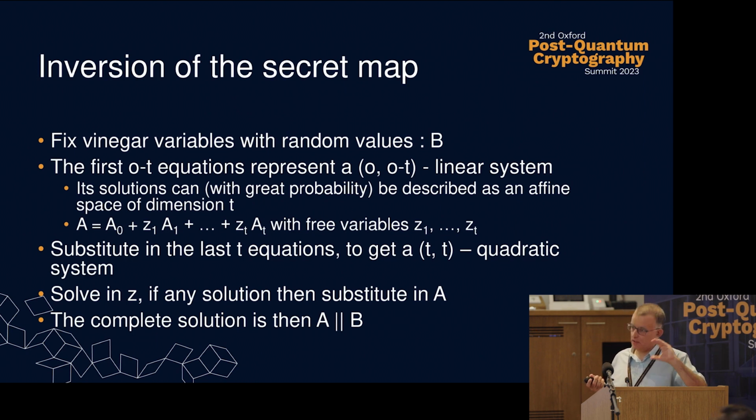One part is completely linear, and the small part, derived from the T equations, still has a quadratic part. The goal is to have at least one solution. But in fact, we solve it in two steps.